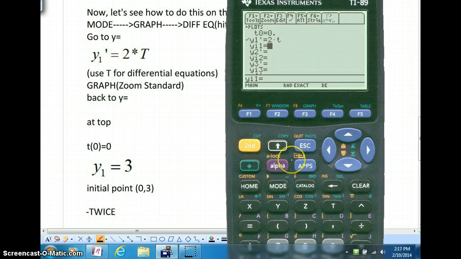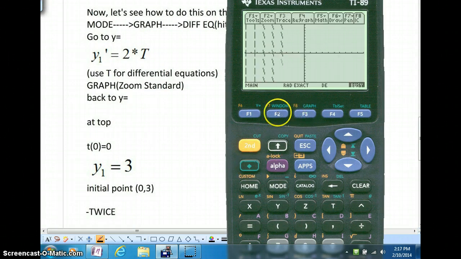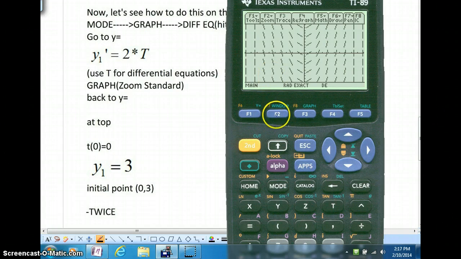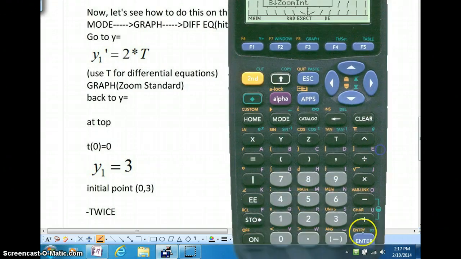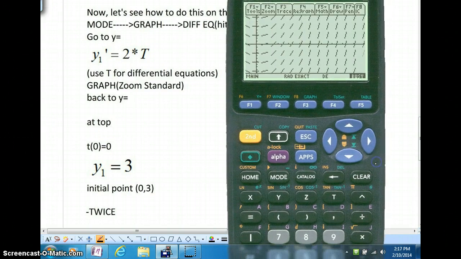If we hit second graph. Oops, sorry. Under F2, it allows you to graph Zoom Standard if it's not already there. Hitting F2, we have that choice. Would you look at that? You don't even need a program. Oh, when you hit Zoom Standard, evidently it altered it a little bit.